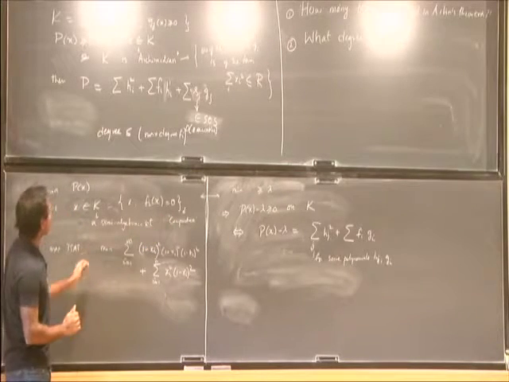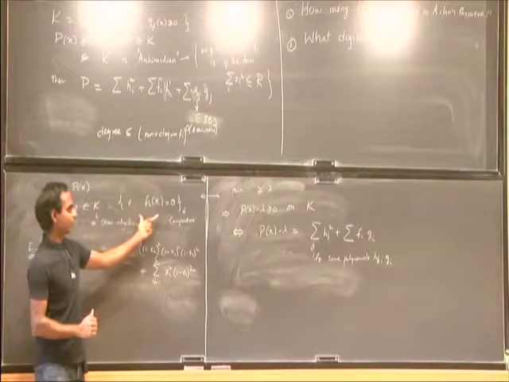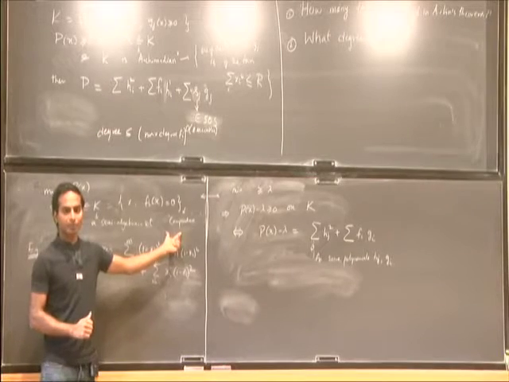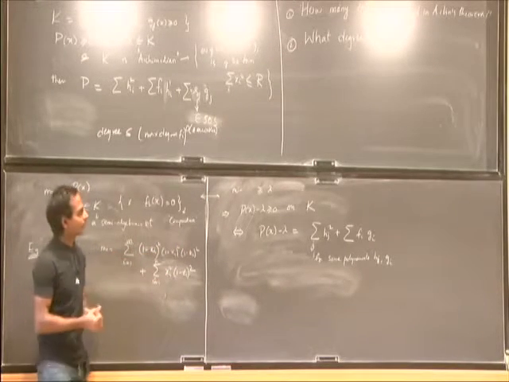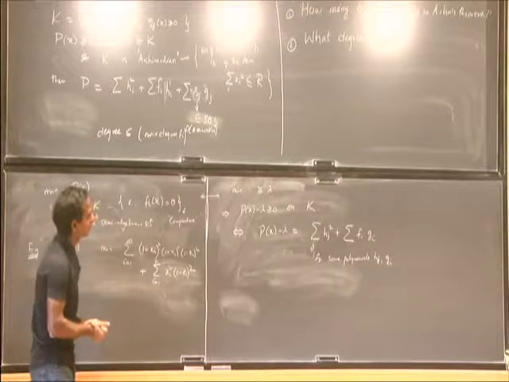More technically, the actual statement should be that this set K should be compact. So in Hilbert's case, it's not compact.